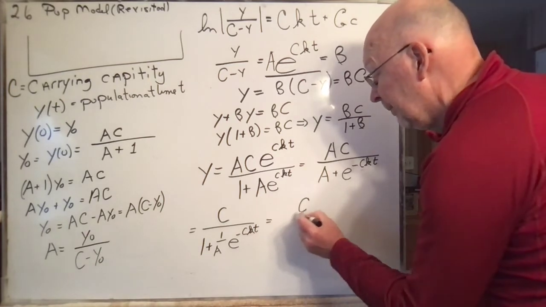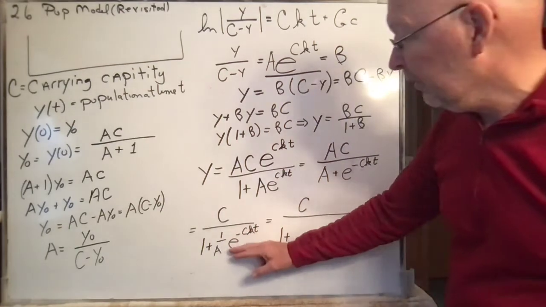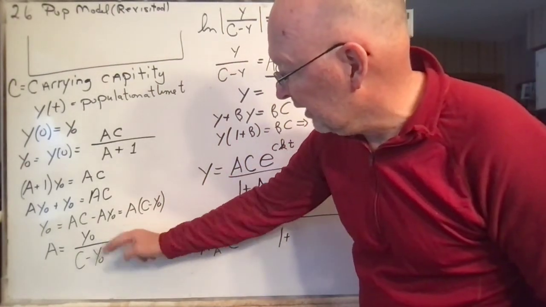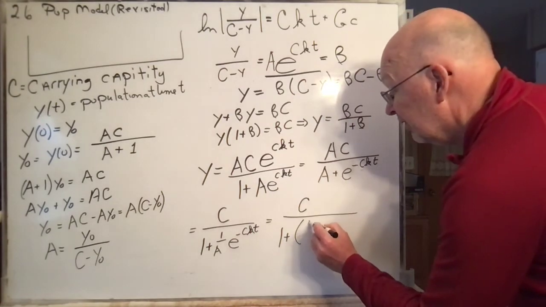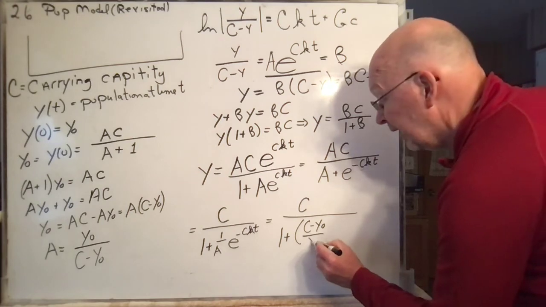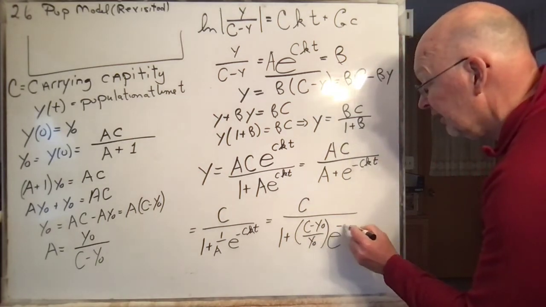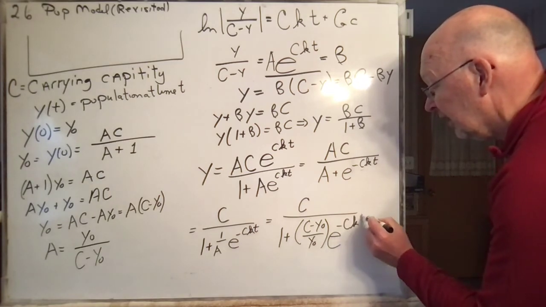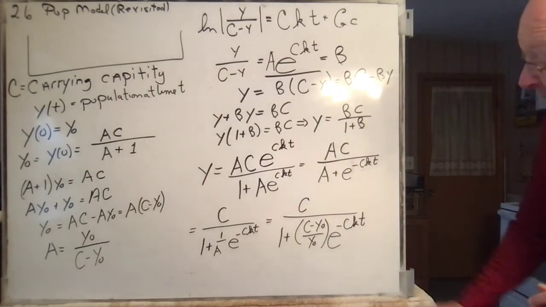We get C up on top, and 1 here. 1 over A is the reciprocal, so it's going to be the quantity C minus y naught, all divided by y naught, all times the quantity e to the negative CKT. And I think that's what you have in the textbook as well.